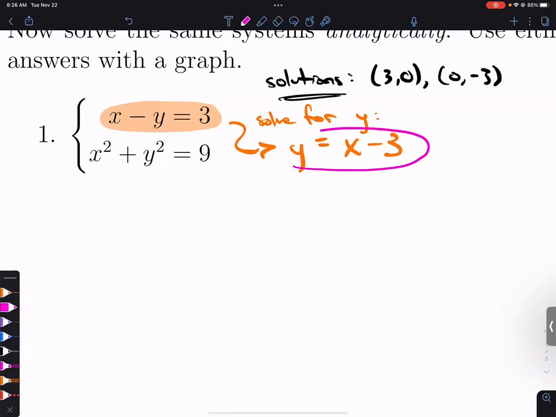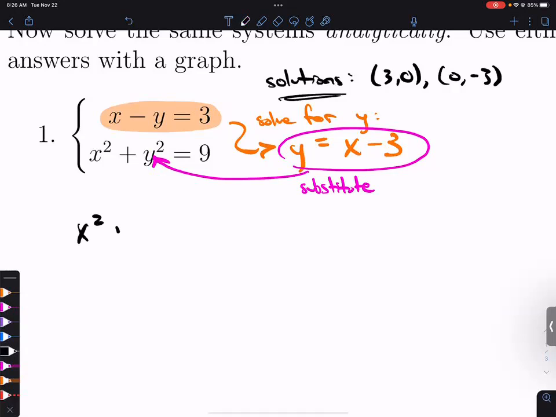Then that is going to go here. Again, when you do that substitution, you do have to go to the other equation, because we have to take these two things and tie them together.